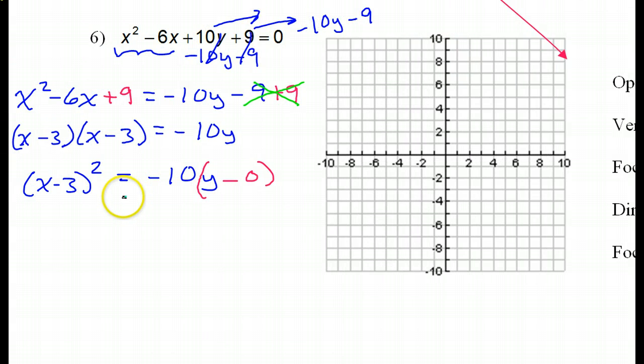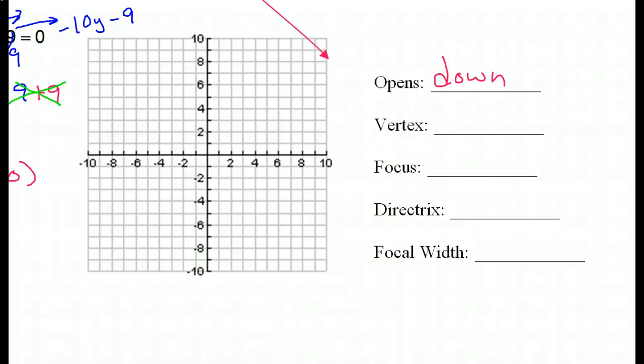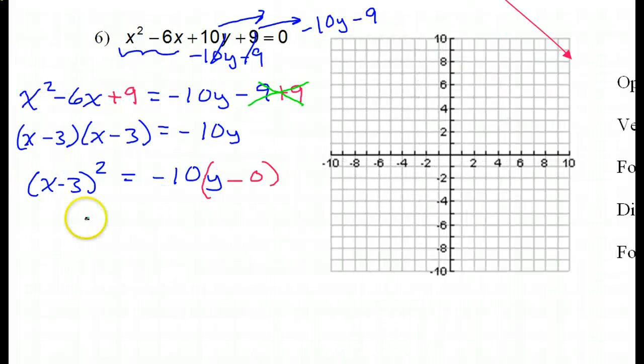What's next? The vertex. I'm going to read that right off of this. It's going to be the opposite of this and the opposite of that. So that's going to be 3, 0. We really don't need this pink part.